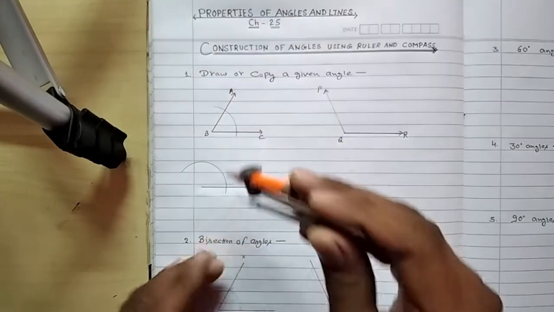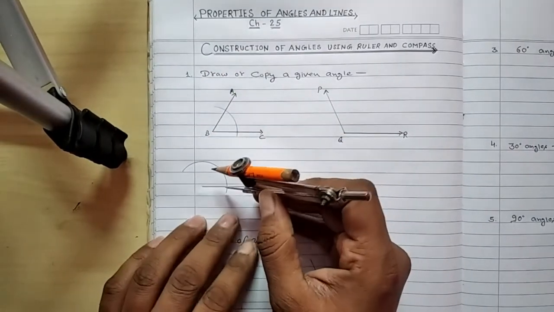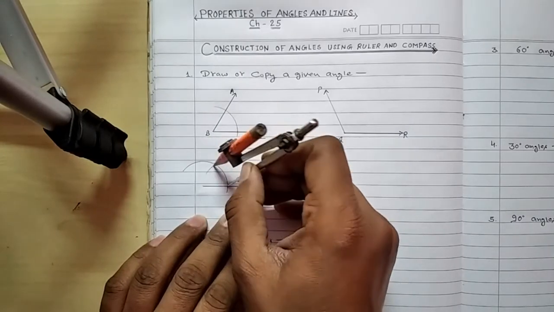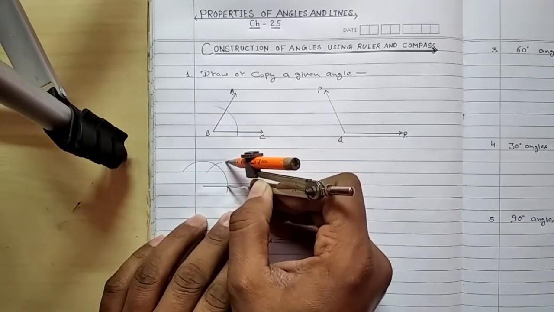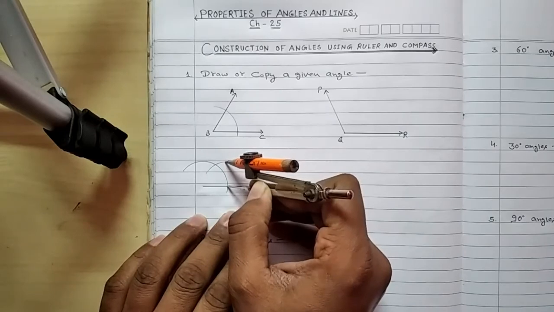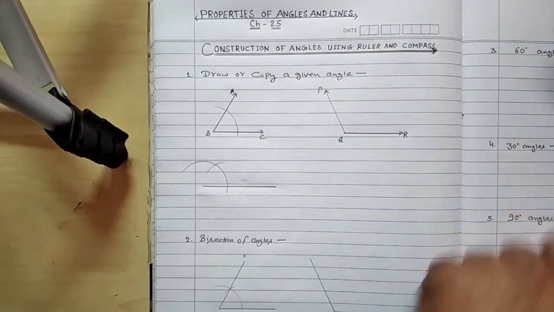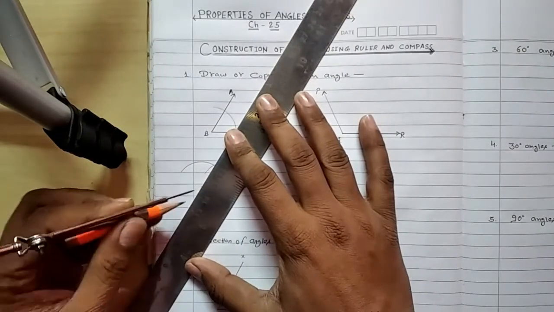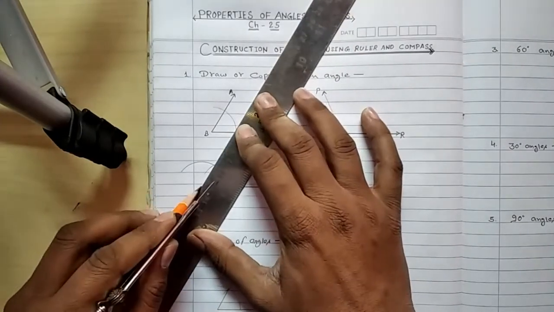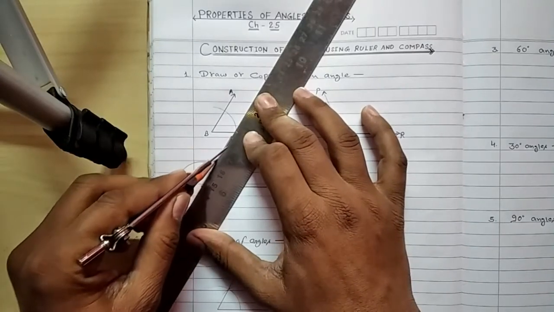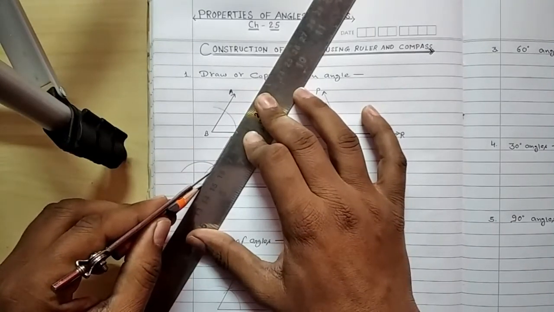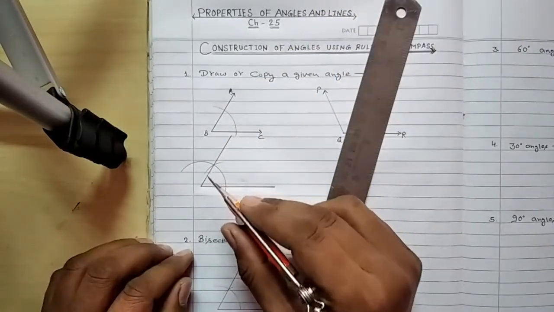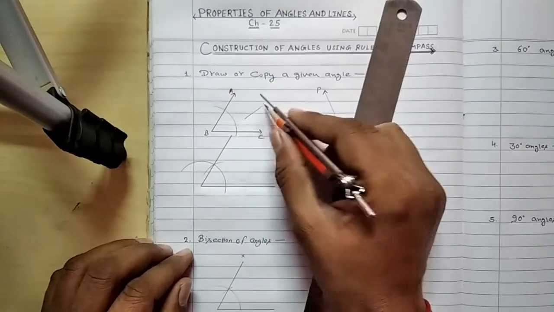With the same distance you put the compass on your drawn line and draw another arc. Then you use the ruler, and where both arcs intersect each other, you draw a line segment like this. Got it? So this is the angle of the same measurement as the one given here.